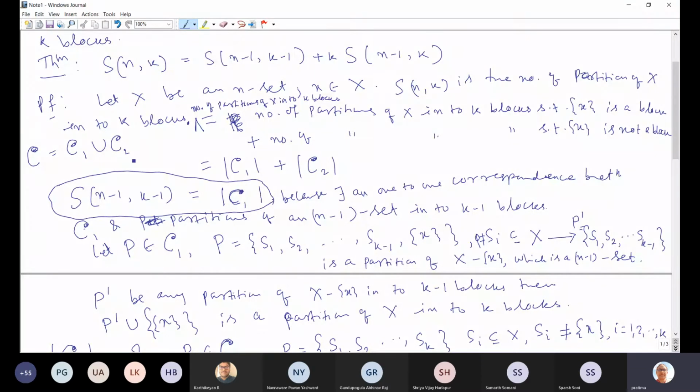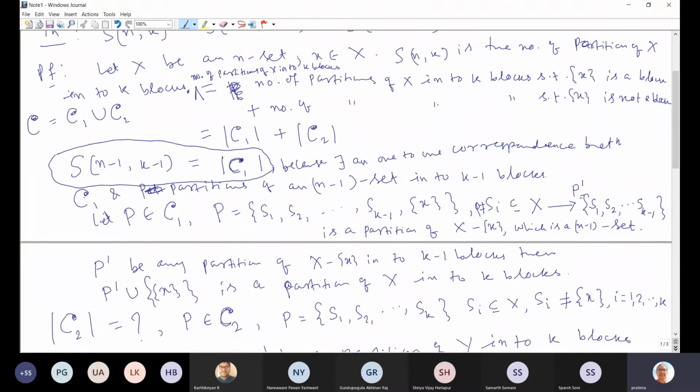We are interested in this collection of all partitions of an n-set into k blocks. For the proving purpose, we are just considering an element x. We are not proving it for every element x; just think it is not depending on that.